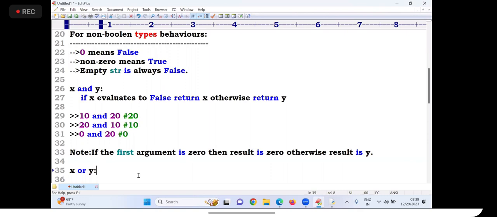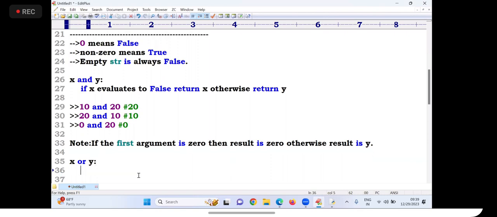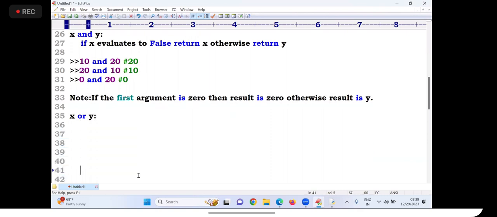X or Y. Sir, at the time of the AND operator, I am checking if X is false, then the result is X, otherwise Y. At the time of the OR operator, you have to check if X evaluates to true.